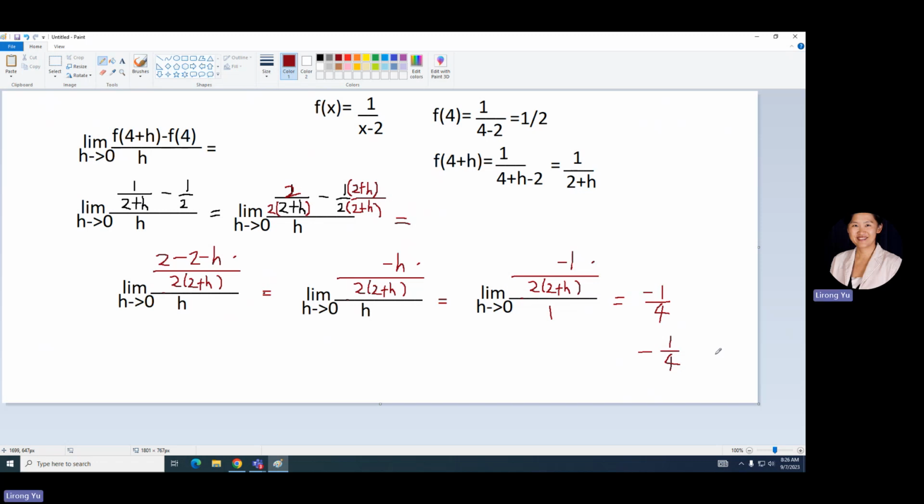You can see limit calculation can be done by substitution, but it doesn't always work out. For example, here if you substitute h equals 0, there wouldn't be an answer. But here, if you substitute h equals 0, there is actually an answer. So there is a variety of questions where simple substitution does not work, and that causes a change of method. There are quite a few methods.